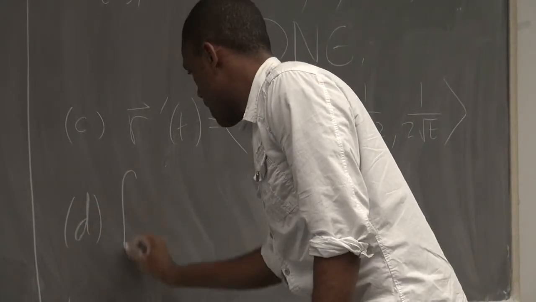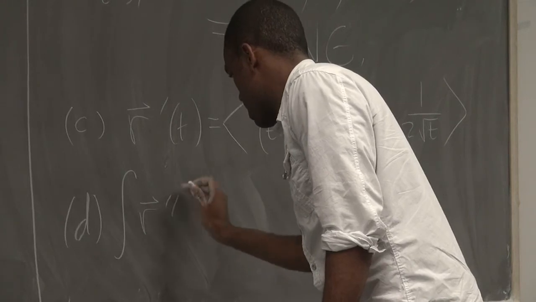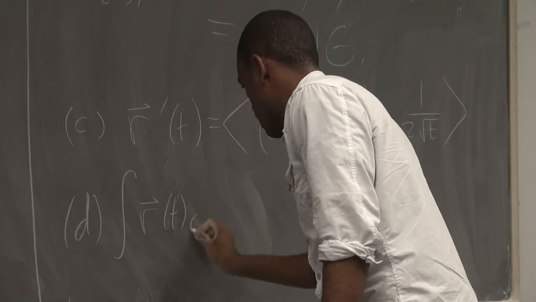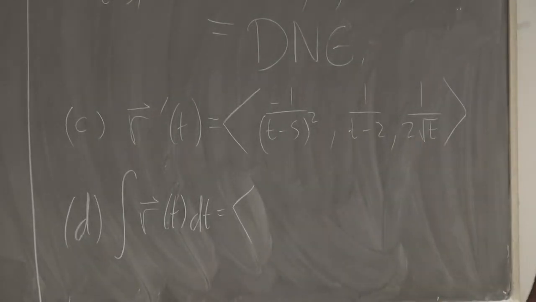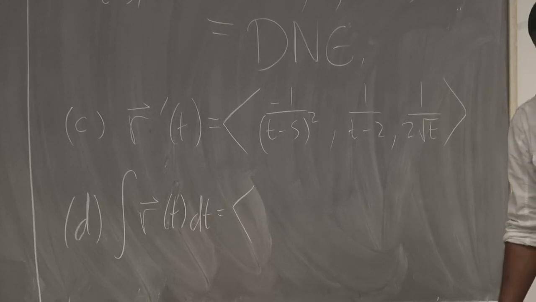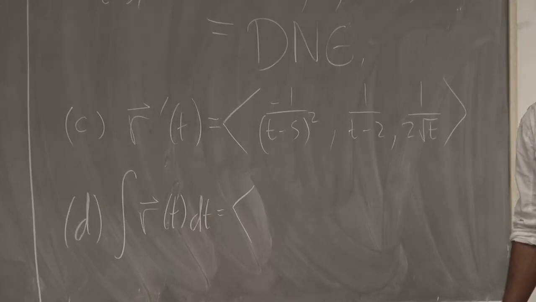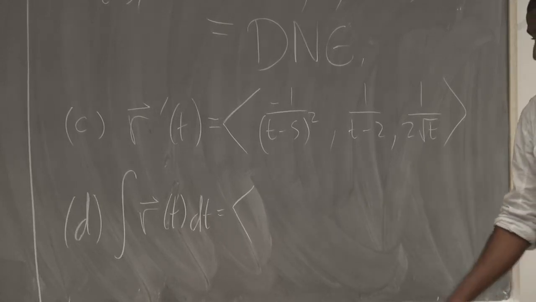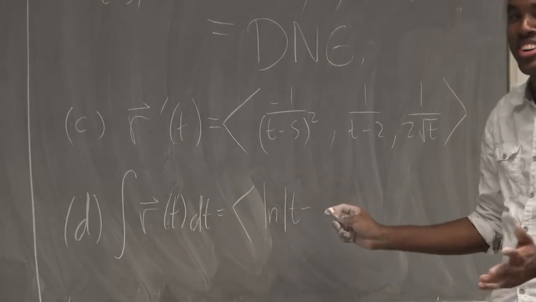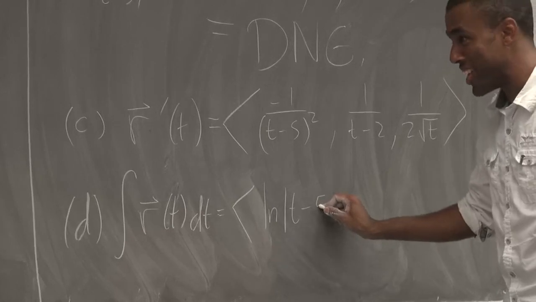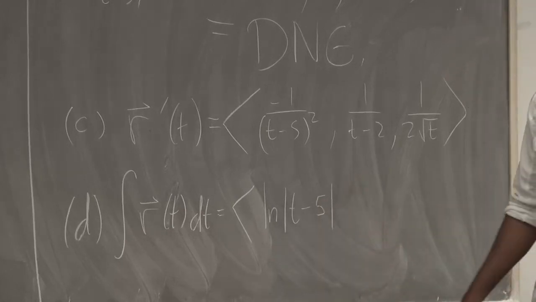Now I define the integral of r(t). Integral? You guys are afraid to say ln now? I have no problems with ln in general, I just have problems with the misuse of ln. Right, so that's ln.